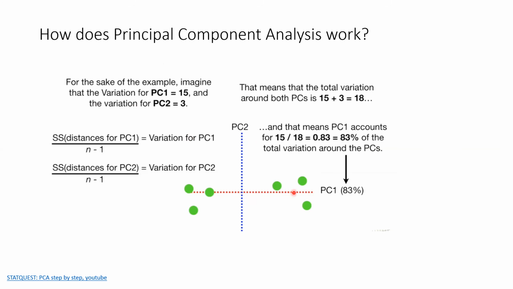So in this example, if PC1 has a sum of squared differences of 15 and PC2 has a sum of squared differences of 3, they vary more along the axis of PC1 than PC2. We add them together and we can calculate the proportions to say that PC1 accounts for 83% of total variation around the PCs, and PC2 accounts for less.